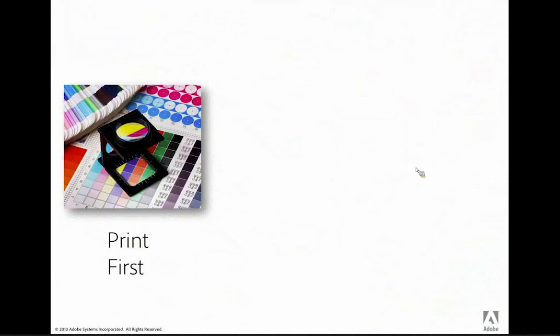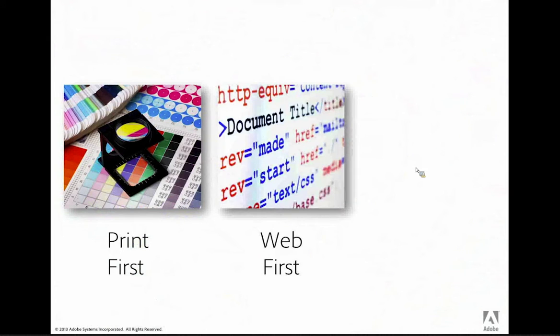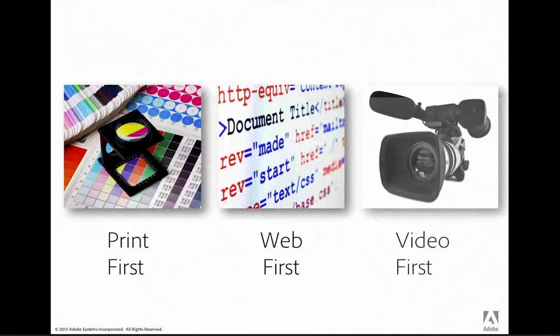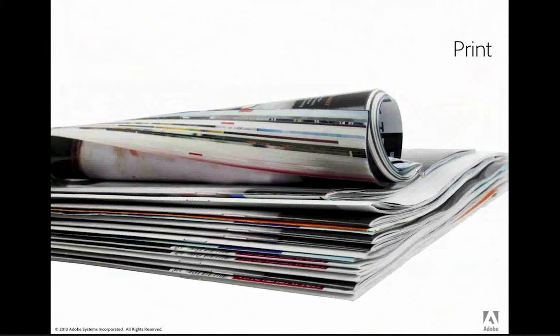So in the past, most design projects that you'd encounter as a designer had a pretty specific media focus. They were primarily print first, or web first, or video first, and nary the twain shall meet, as the song goes.